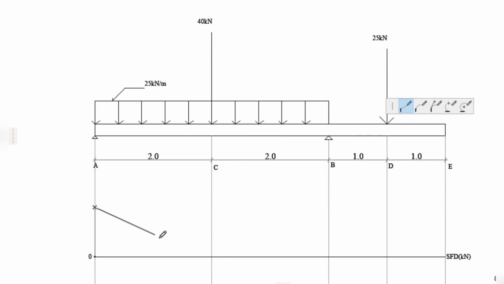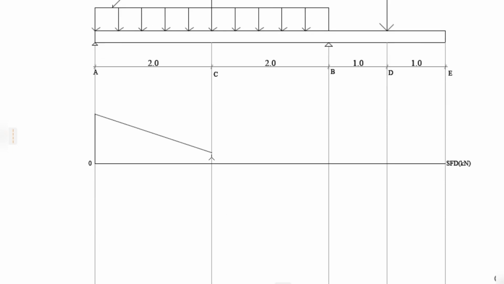So it takes it to 13.75 kilonewtons, where it encounters a point load of 40 kilonewtons, which takes it to negative 26.25 kilonewtons, and the UDL again takes over, taking it to a further negative 76.25 kilonewtons until it meets the support reaction B, that is 101.25 kilonewtons, which takes the shear force diagram upwards to 25 kilonewtons.